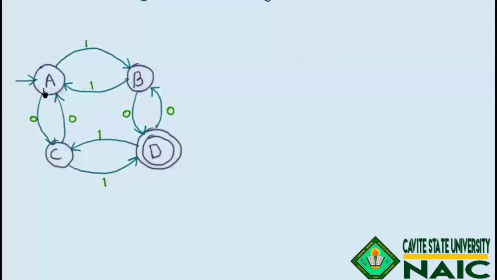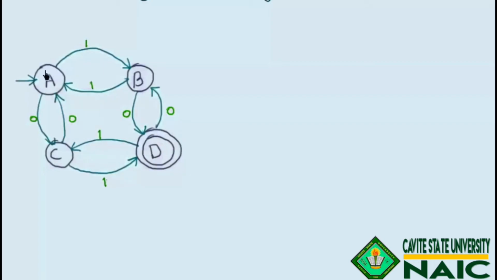Now we see there is something different about state A and state D. In state A, we see an arrow that is coming from nowhere and pointing to A. So what is this? This means that A is the starting state or the initial state of this DFA. Whenever you see an arrow coming from nowhere pointing to a state, that shows that that is the initial state or the starting state.